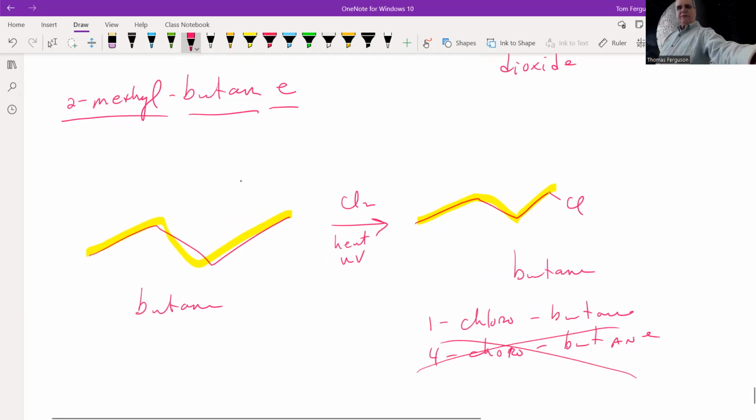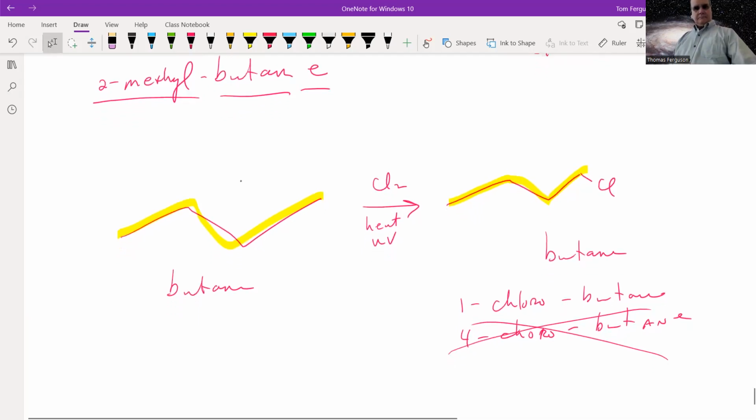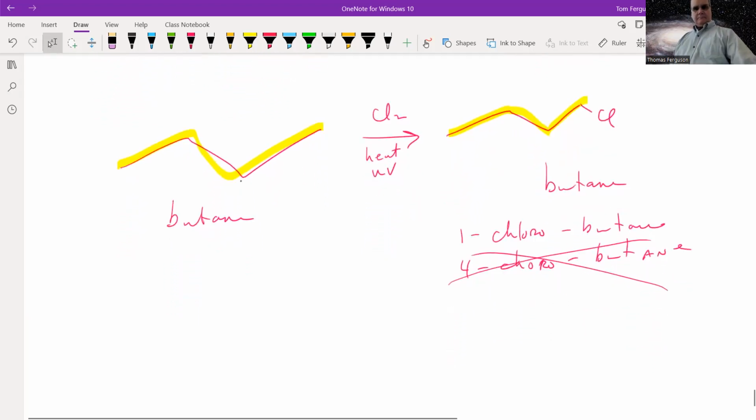So that's what I would want to see is this on the left side stuff. And of course, you've got to name it, name conditions, name product, name reactants. Everyone okay with that?